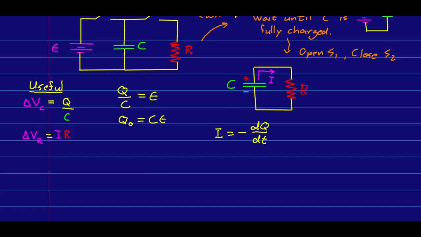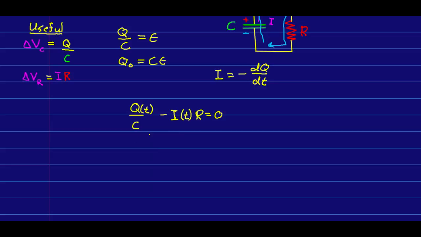So I'm going to again think in terms of walking around a loop, and I'll do this loop. And so I know that as I walk through the capacitor, the potential is going to go up by Q over C, where I'll note that this Q is a function of time. And then as I walk through the resistor, it will drop by IR, but I'll note that that I is also a function of time. And that's the whole loop.